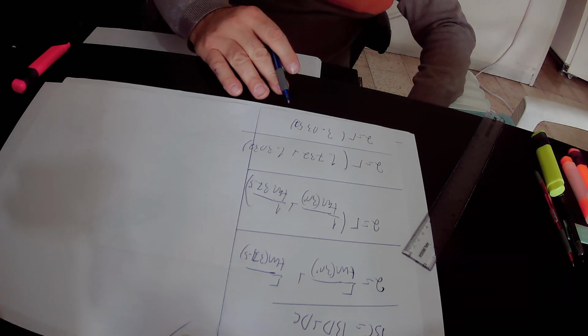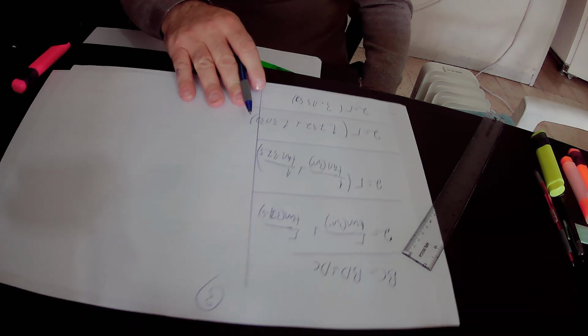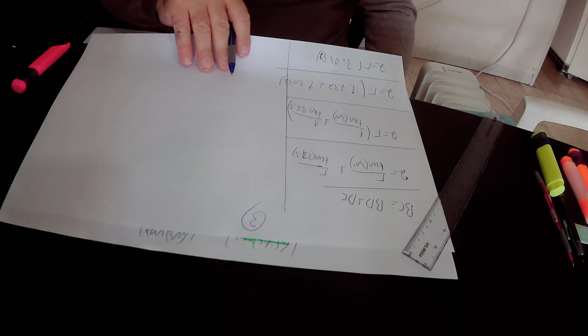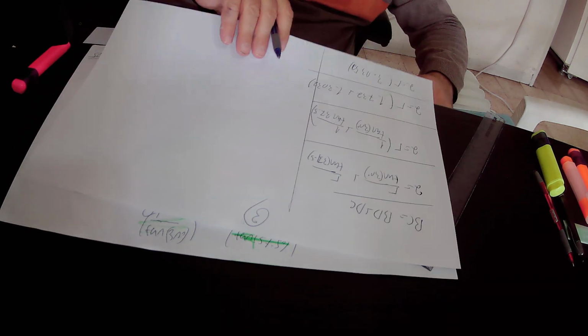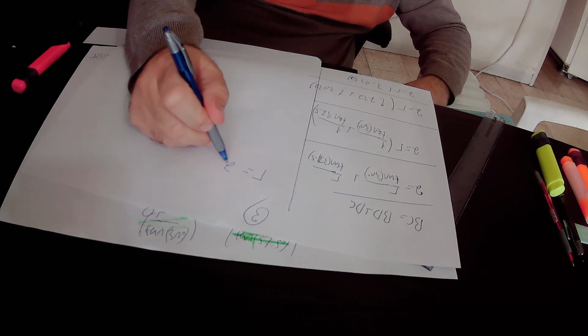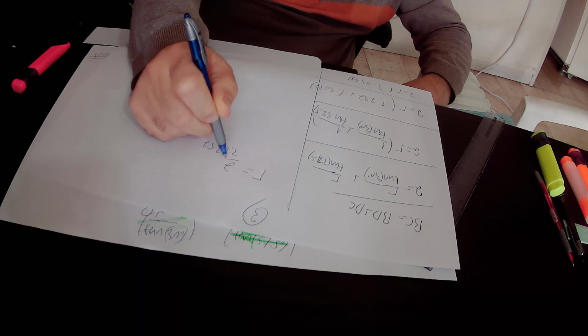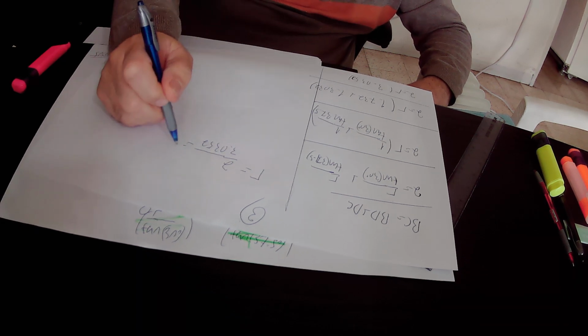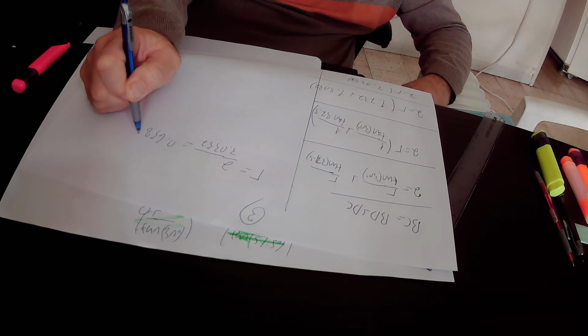Here we will divide this equation by 3.0352, and finally we get that R, the radius of this circle, the radius that we are looking for, equals 2 over 3.0352. That is actually 0.6589 units.